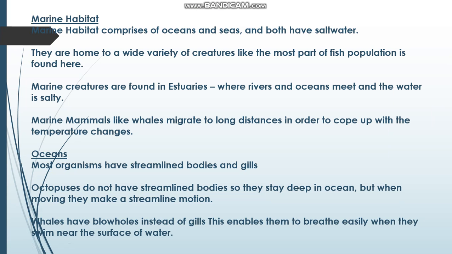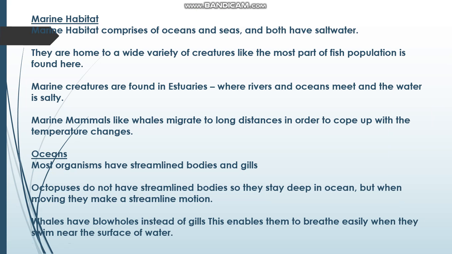The marine habitat consists of oceans and seas, and both have salt water. They are home to a wide variety of creatures, and most of the population is found here. More marine creatures are found in estuaries where rivers and oceans meet and the water is salty.